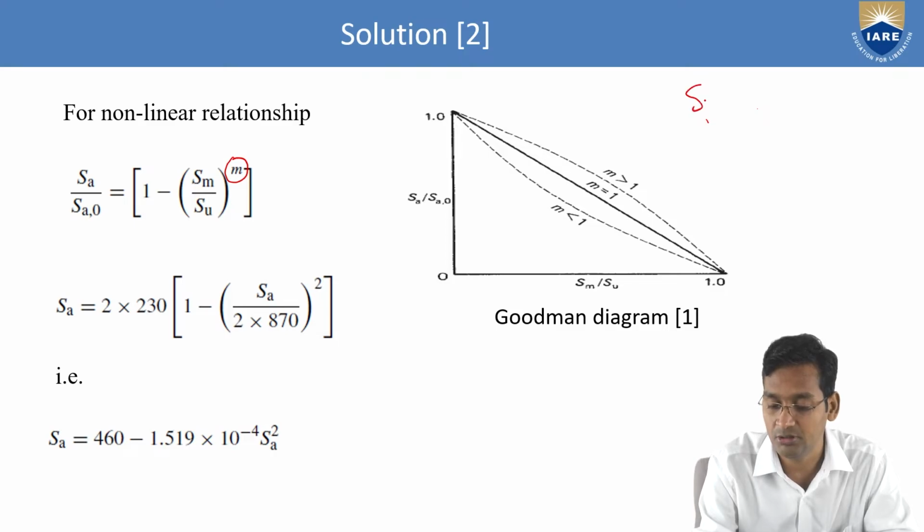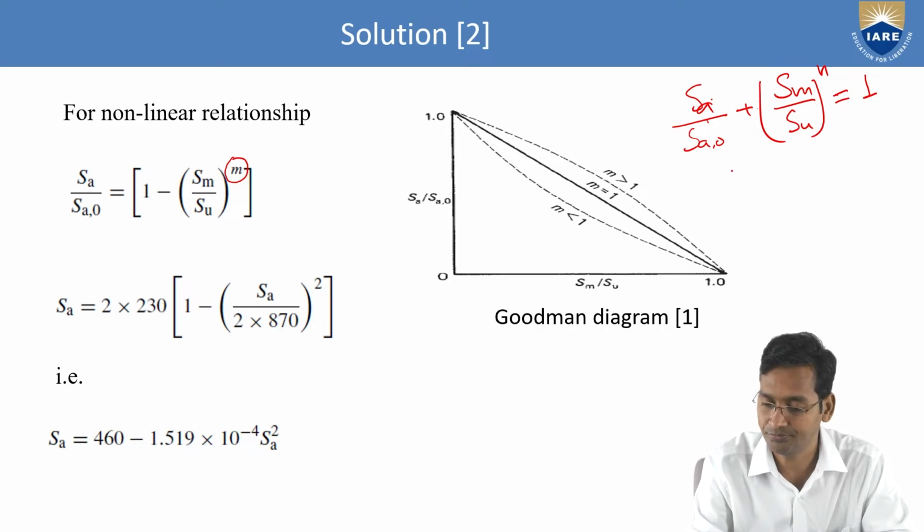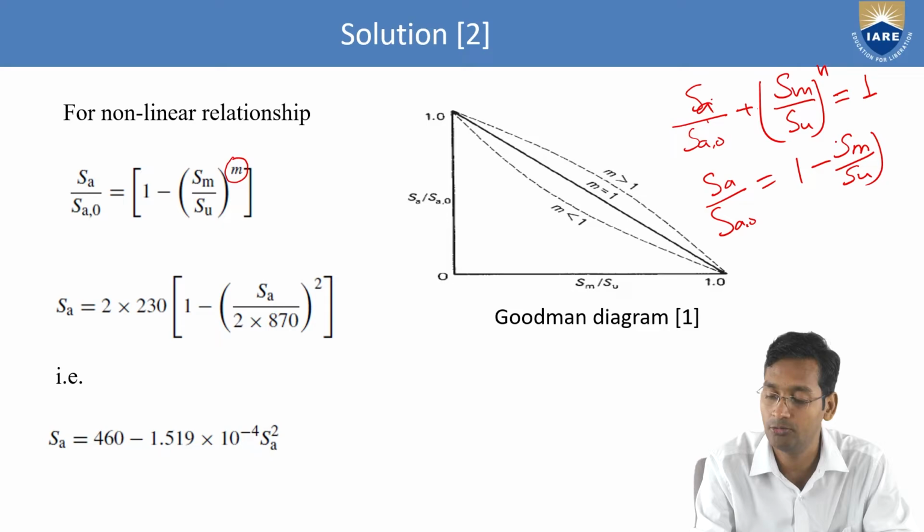So now this will be the same for y-axis as SA by SA0 plus SM by SU power m, and this is equal to 1. Take this side. So SA by SA naught equals 1 minus SM by SU, right, power m.